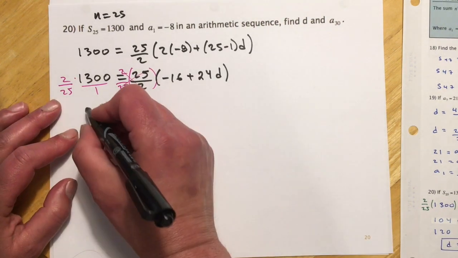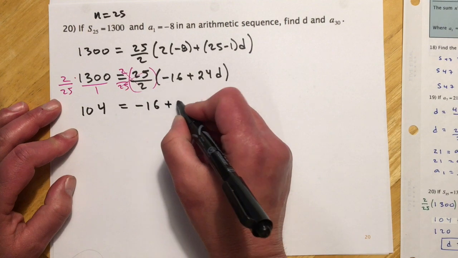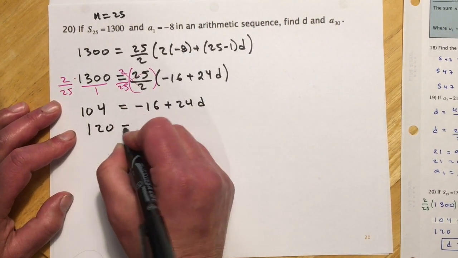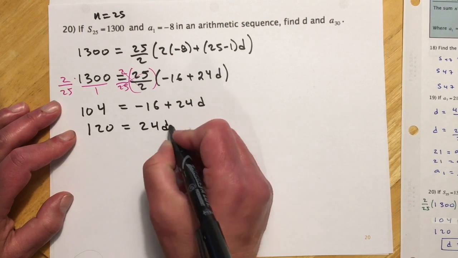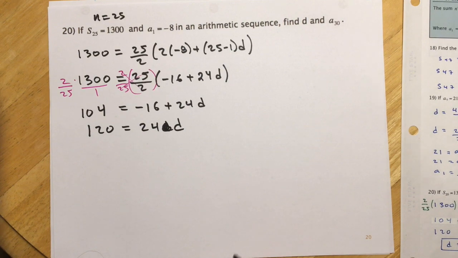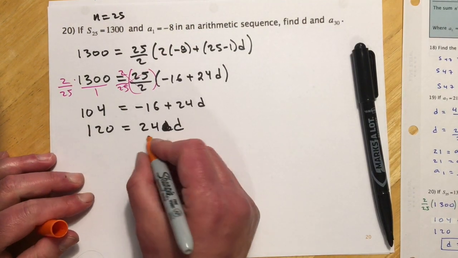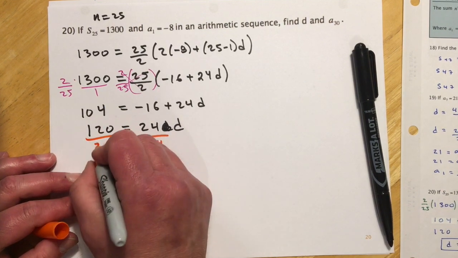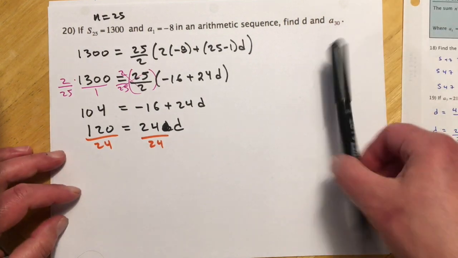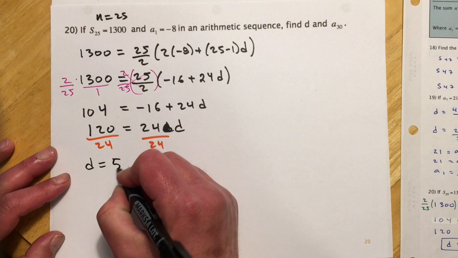And let's see, that gets me 104 right here, equals -16 plus 24D. Adding 16 over, I got 120, makes 24D. And then I can divide the 24 out on both sides. And then that gives me D equals 5.